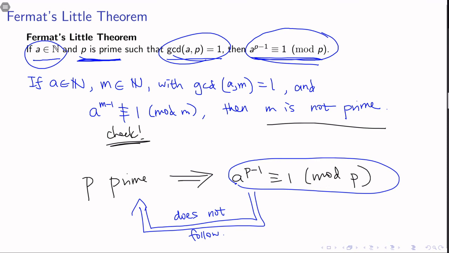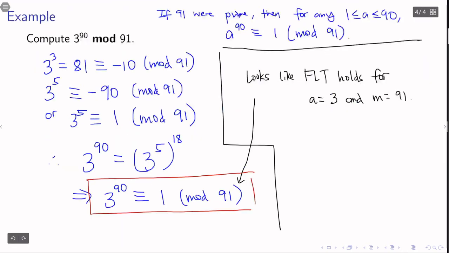It doesn't actually tell us that it's prime. If it's not true, then sure, you can say it's composite. But in this case, as we see here, you can get into situations where it is a true statement, that it is congruent to 1, but you can't conclude that it's prime just from that statement.